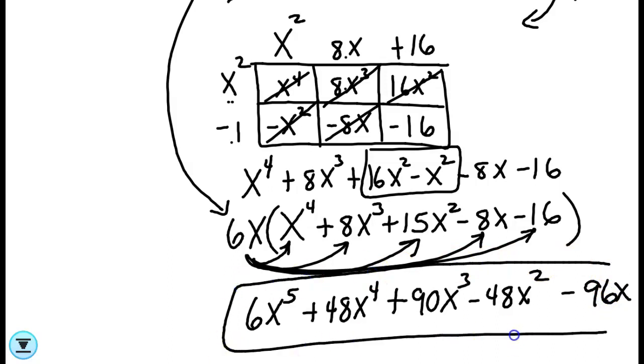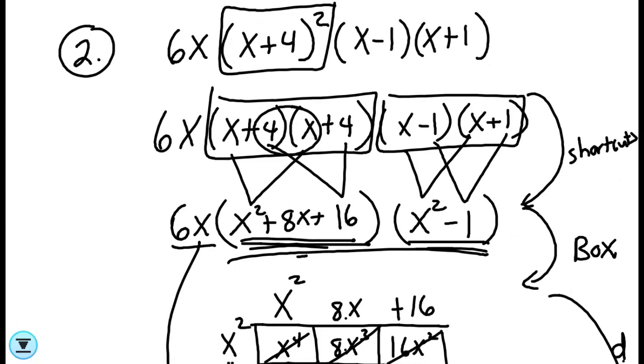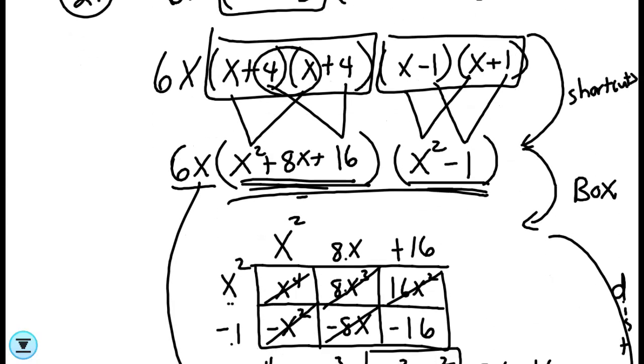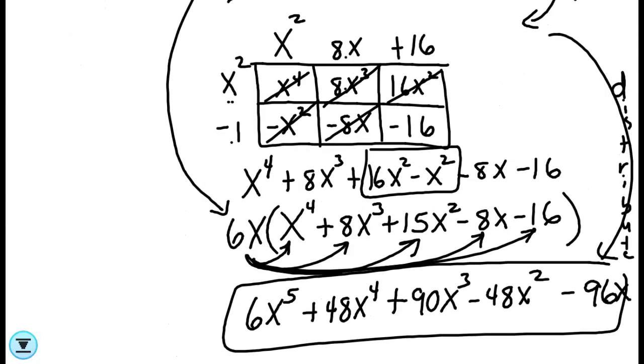And there's our final answer. So distribution comes last. Okay, so there's our full problem there. That's about as ugly as I can make it. Shortcuts first, box method next, distribution last.